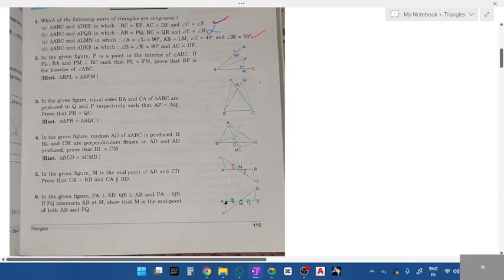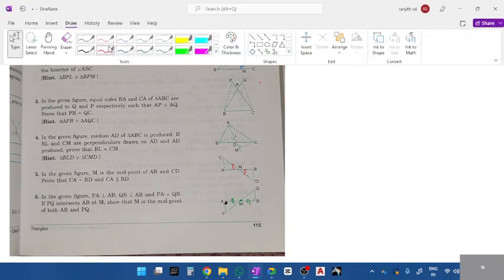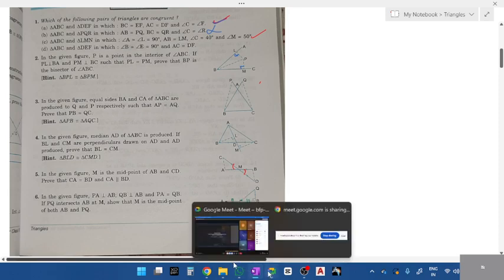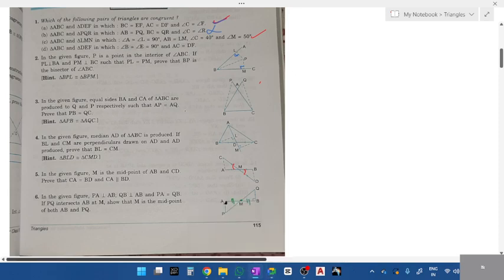Next, third one. Tell me how many triangles are given here. There are two. Read the question and tell me. Yeah, how will you split? Delicia, read this. Delicia, were you there when I taught side, side, side, all those concepts, side angle, side criterion? Okay, look at the third one.